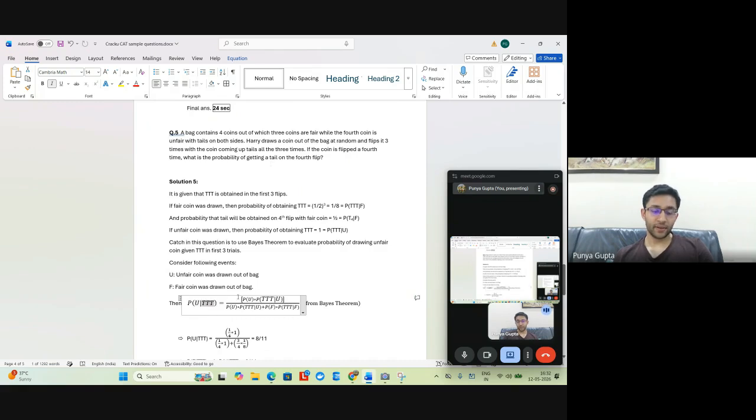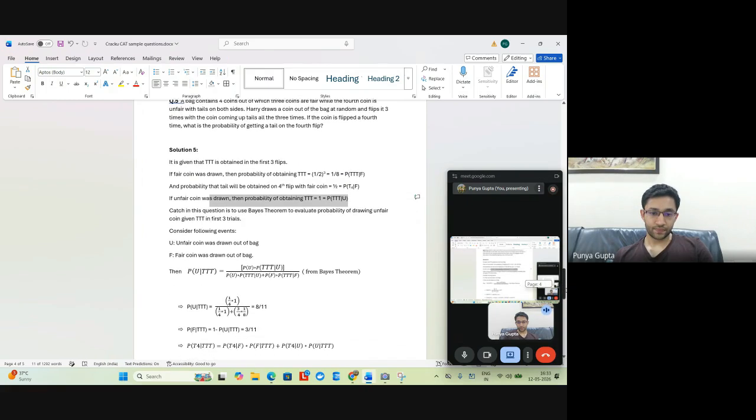This is nothing but P of U into P of tail, tail, tail given U, which is what we computed here: the probability of obtaining tail, tail, tail given unfair coin, which is 1, because unfair coin will always show tail.